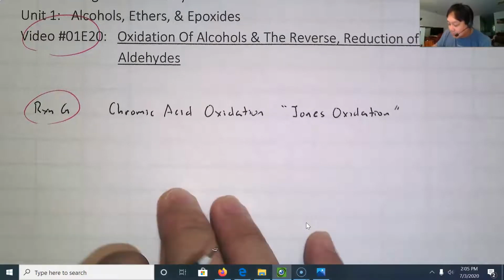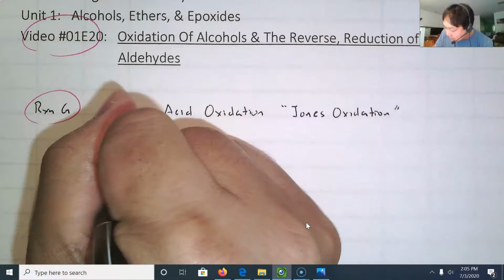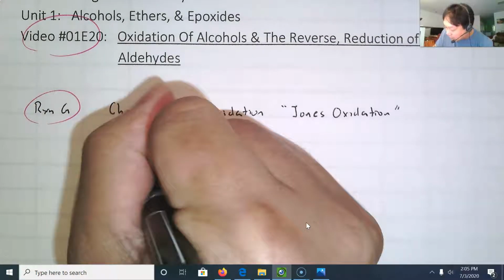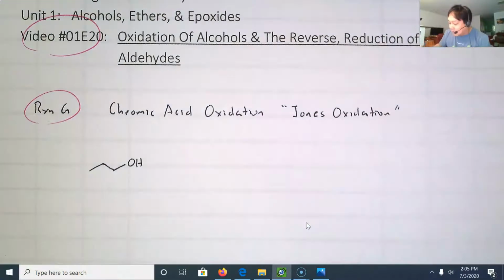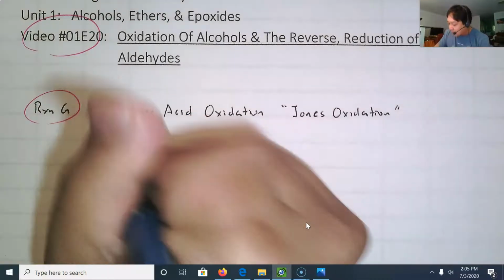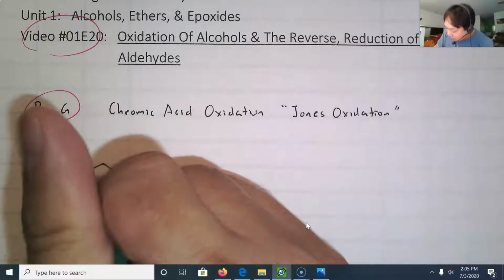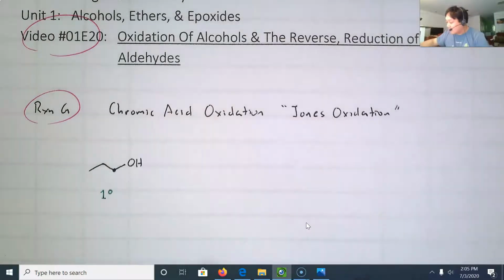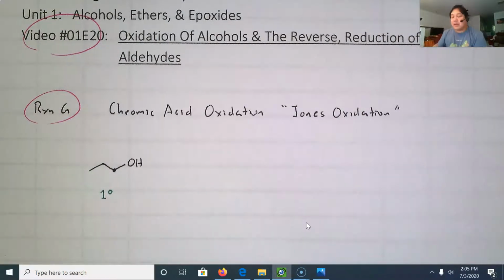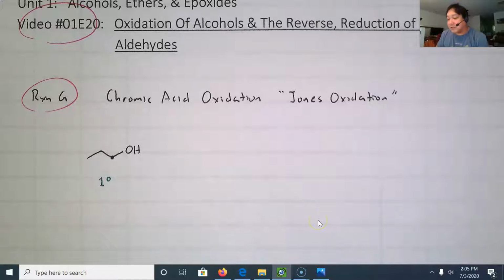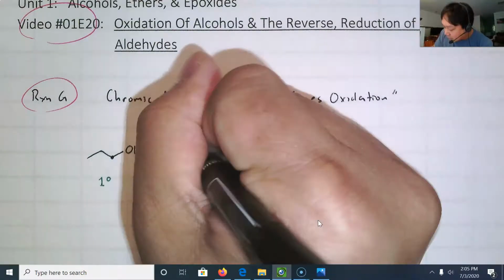And for an oxidation, let's take, for instance, primary alcohols. You're going to look at this carbon here attached to the oxygen, and this is primary. The reagent for Jones oxidation could be various different reagents.